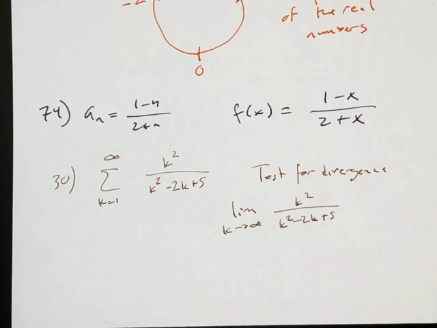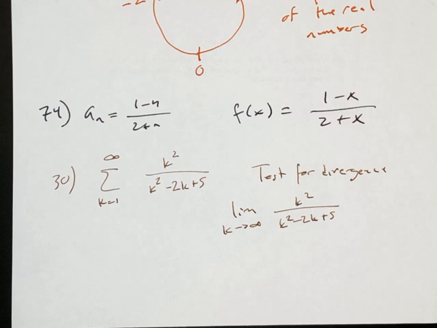The only thing I need to know is, is this limit not 0 or is it 0? If it's not 0, we diverge. If it's 0, then I gotta go back and start looking at other stuff. But if that limit is not 0, I'm done. I can walk away clear.